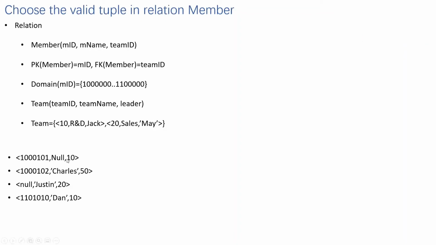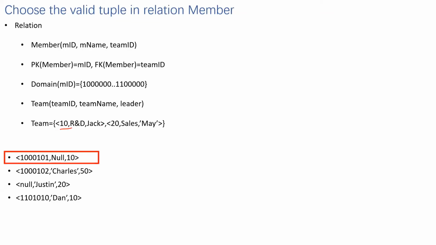The valid one is the first one, 100, 101, 10. The other common answer people put is the second one, the child's 50, but that is wrong because if you look at the teams, there are only 2 teams there with team IDs 10 and 20, and 50 is not part of it.